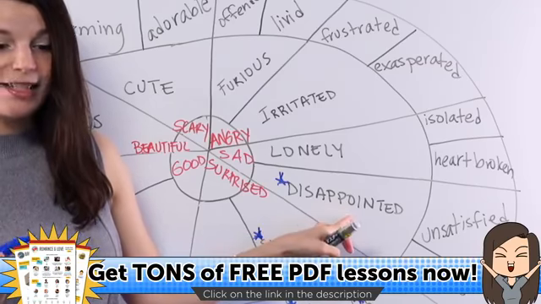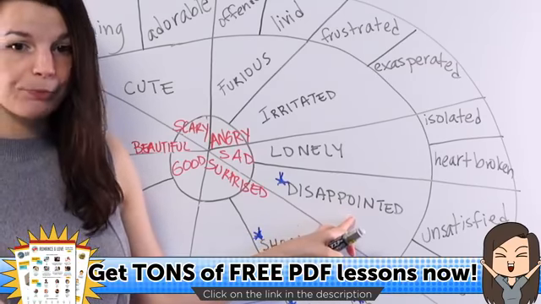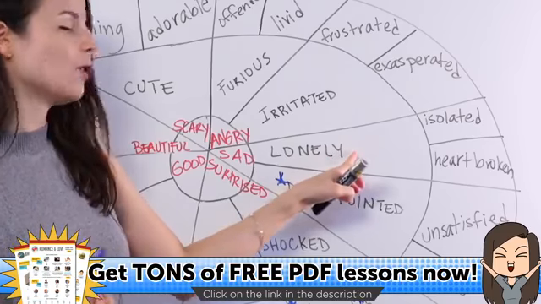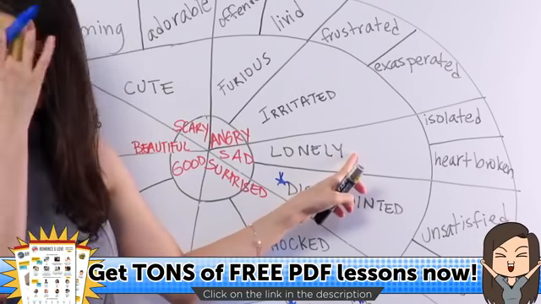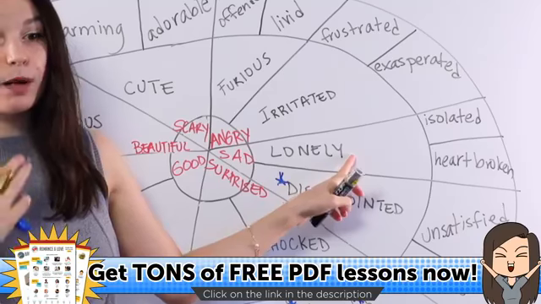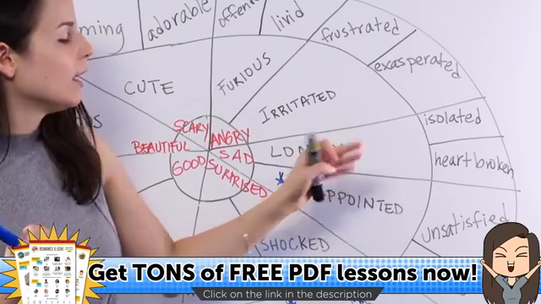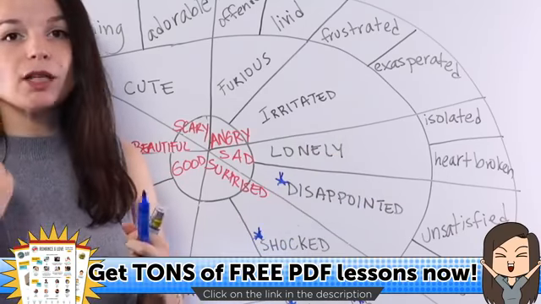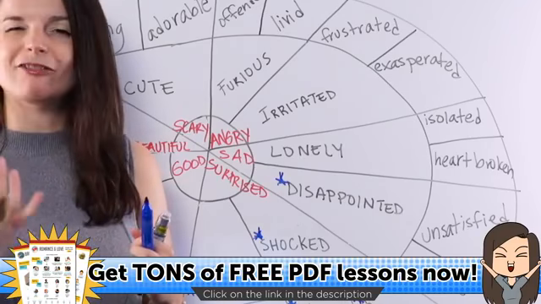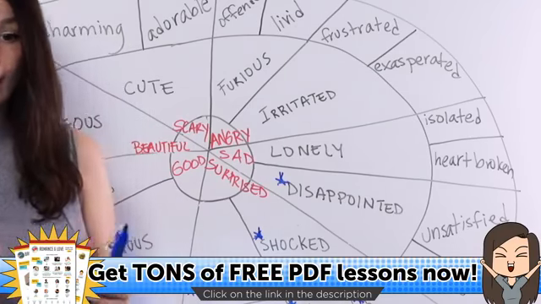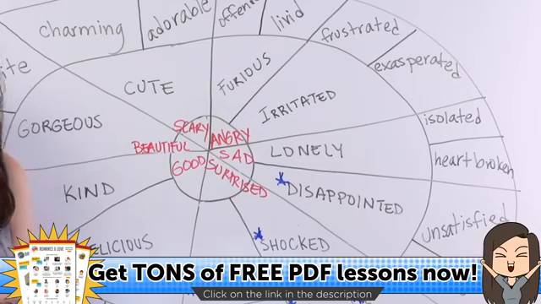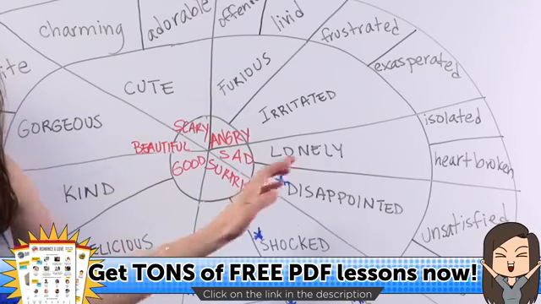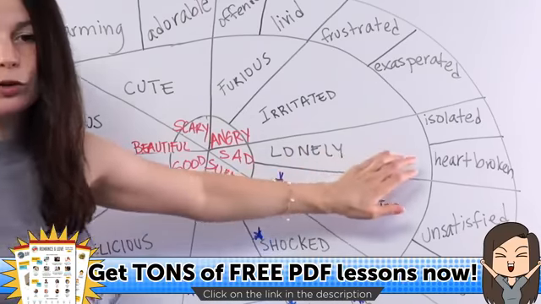So I'm disappointed, that's disappointing. Lonely, we can only use lonely. It refers to a human emotion. Lonely is used to talk about when you want to meet people or you haven't seen your friends for a long time, for example. So let's take a look at the adjectives inside lonely first.